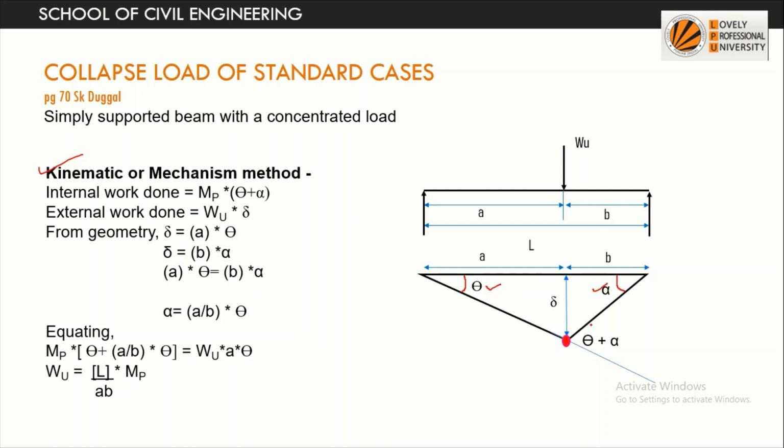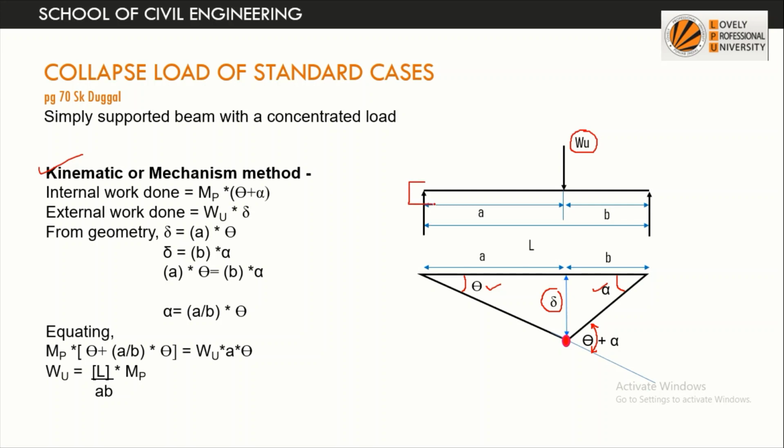So this angle will be the sum of the interior opposite angles, so it will be theta plus alpha. So we know that external work done is equal to WU into this delta. How many plastic hinges are formed?